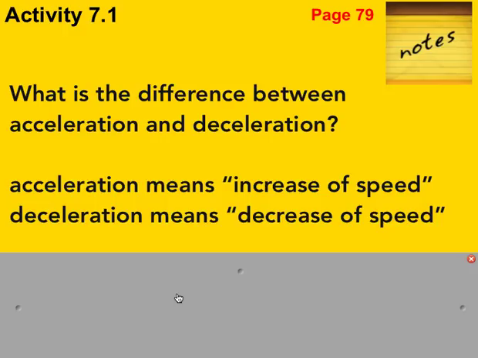However, in physics, acceleration could be negative. If it's a negative number, it also means that you're decelerating, that you're moving slower. So acceleration, typically we think of it as an increase of speed. However, science-wise, if acceleration is labeled as a negative number, it means it's not increasing. It's decreasing in speed. So you have to be careful with that.